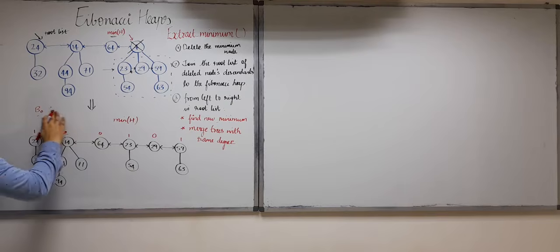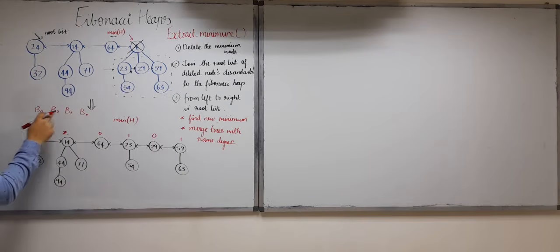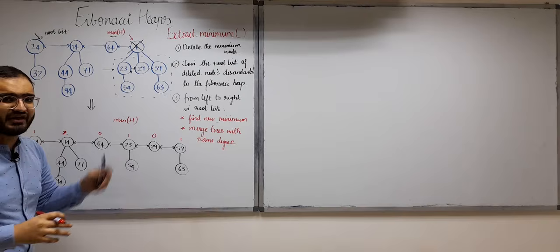It wouldn't happen that there was a B0 here, the B2 here, B1 here, and then a B0. In that case, we would have to merge this B0 and B0. But that was not the case in binomial heap. It was not possible that such kind of order we will face. But in the case of Fibonacci heap, we can face such a thing, right? Because there is no particular order in which these trees have to be arranged.